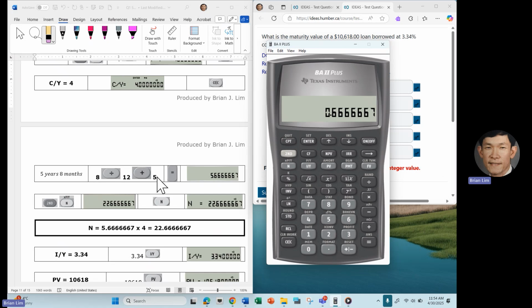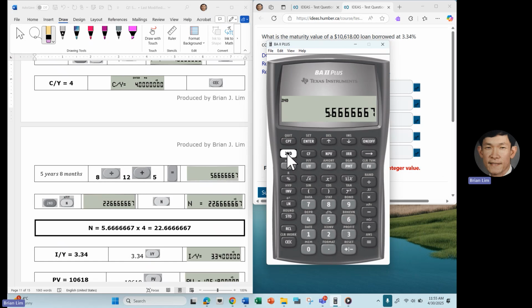Now to that we must add 5, and we get this number here. Here I just did 8 divided by 12 plus 5. I did click equal when I divided 8 by 12. You can, but you don't have to. Anyway, the end result is this display right here.